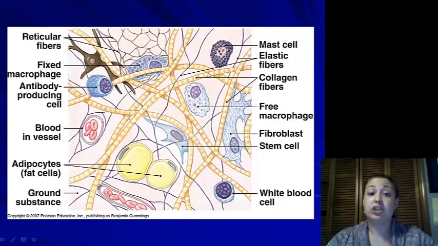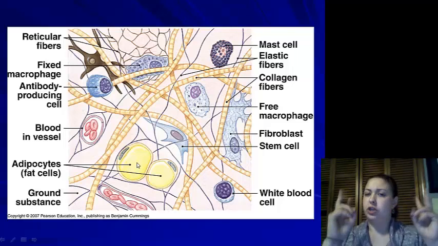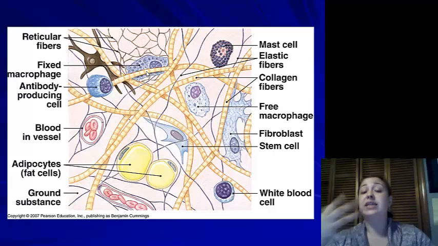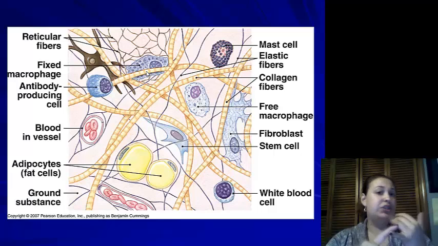So in this picture of our connective tissue proper, we see reticular fibers here that are branched and really thin. We have a fixed macrophage here that's just waiting around to signal for the immune system to start up or to digest and bring in damaged cells or pathogens.